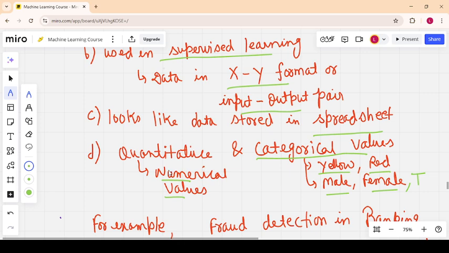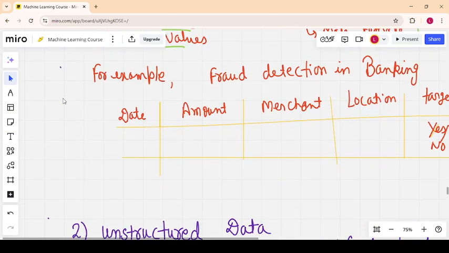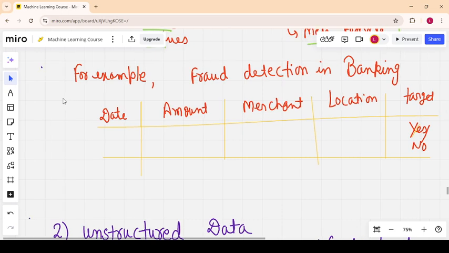So let's take an example through which I will explain structured data. Like if I talk about fraud detection in a banking system, we are building a machine learning model where we need to detect whether a transaction is fraud or not, malicious or suspicious or not.